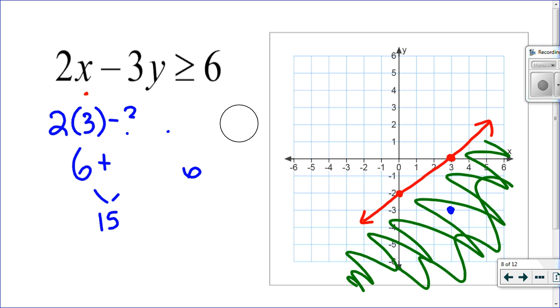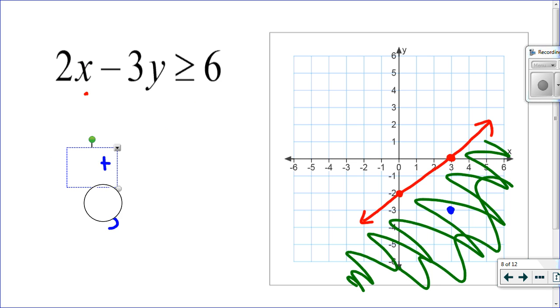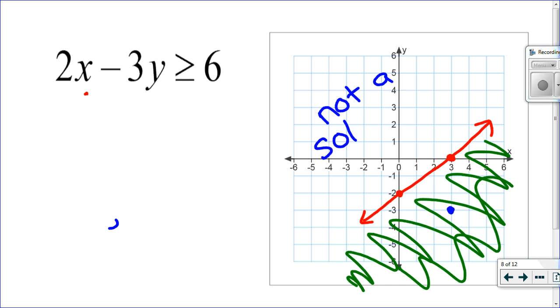Now if I pick a point where we didn't shade, everything in the shading is a solution to that inequality. Everything above that, where it's not shaded, is not a solution to that inequality.